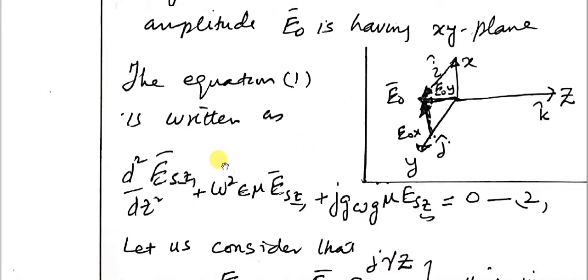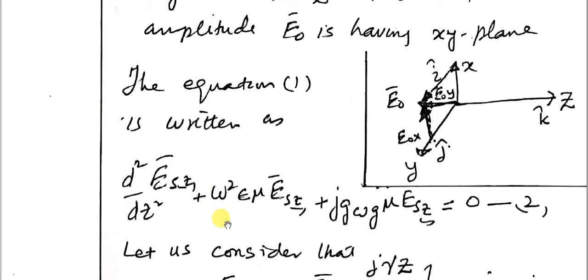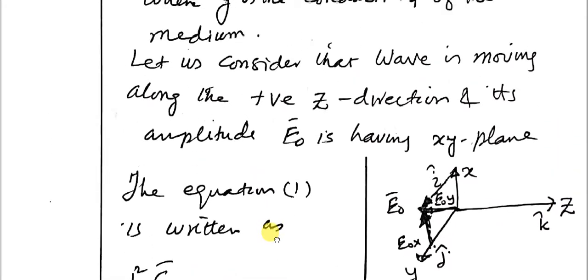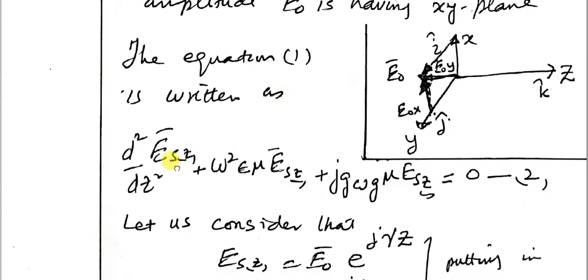Equation 1 is written as, since now we consider only the propagation along the z direction, one dimension, we are considering only the function dependent on z.